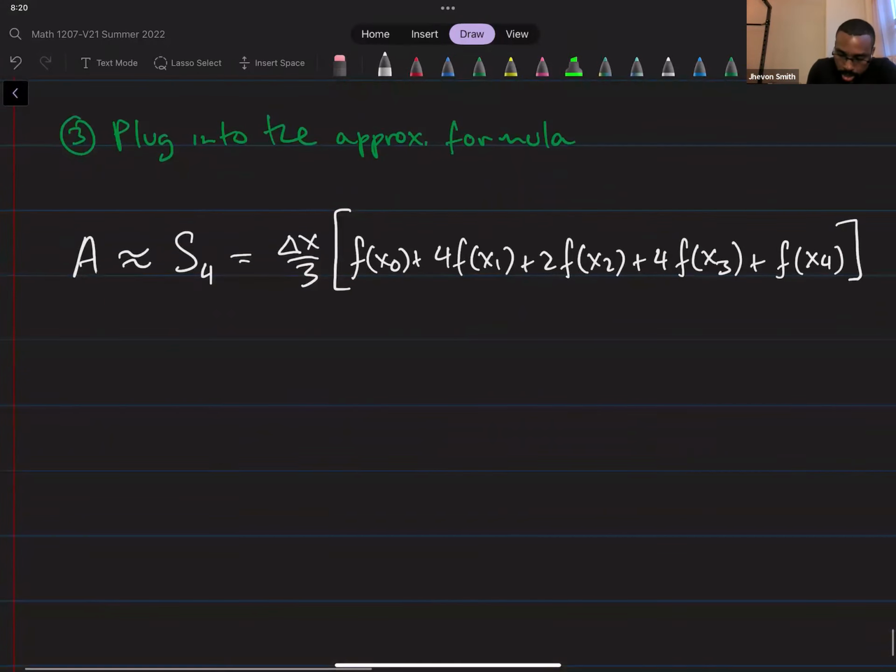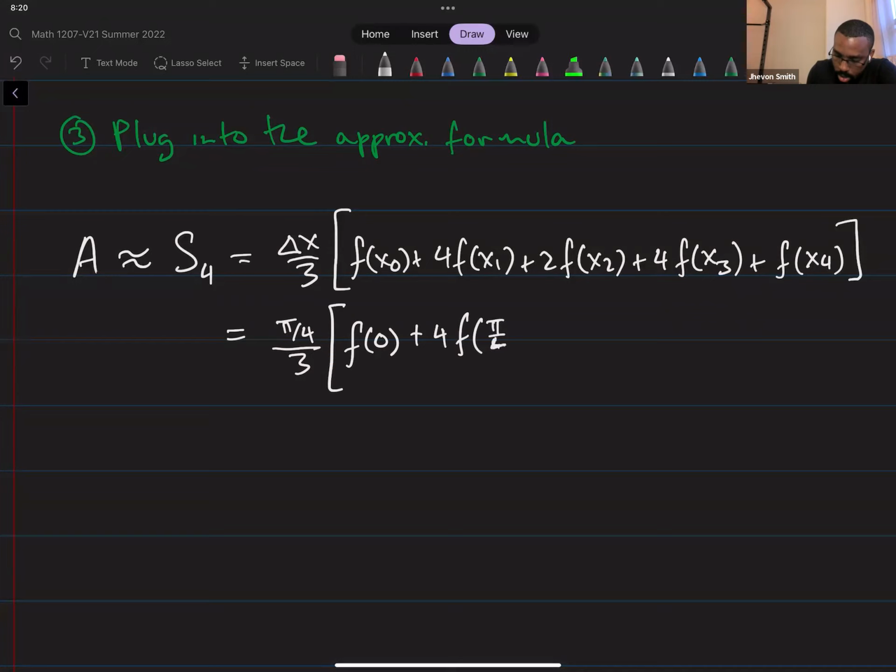And then for the last one, the f of xn is just f of xn. And so in this case here, this would be delta x over 3. This is going to be pi over 4 over 3. And this would be f of 0. 4 times f of pi over 4. 2 times f of pi over 2. 4 times f of 3 pi over 4.